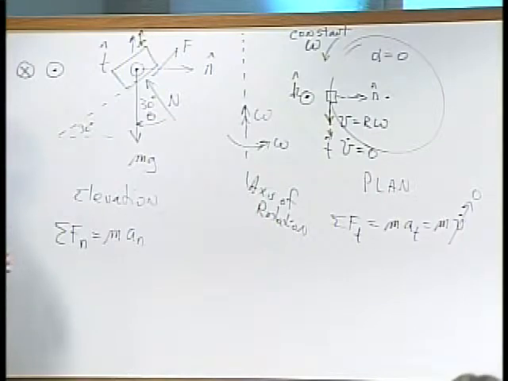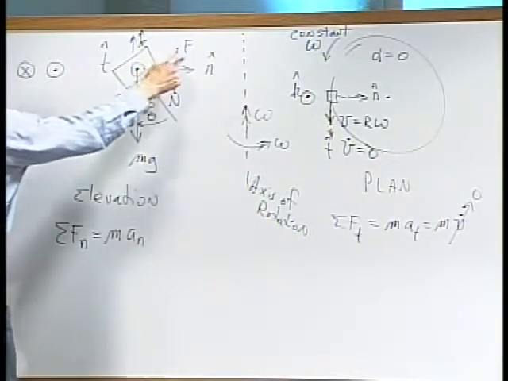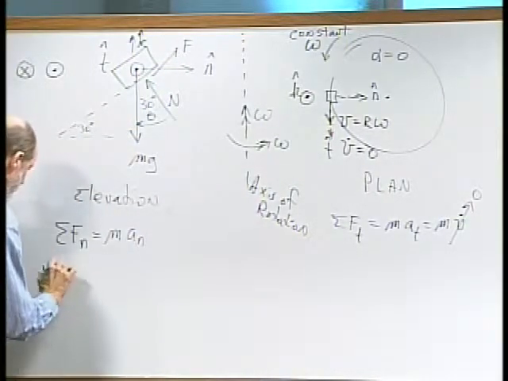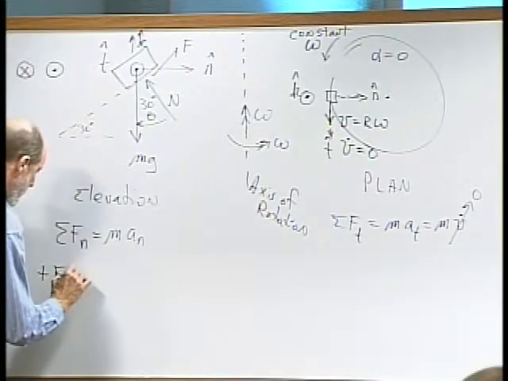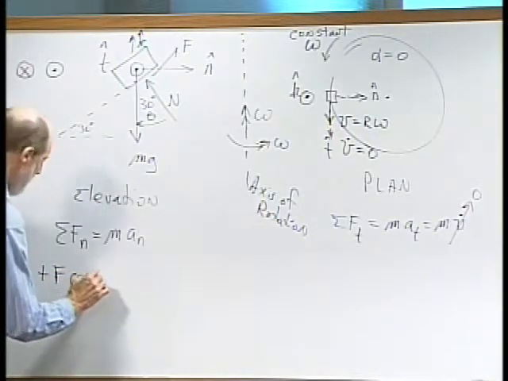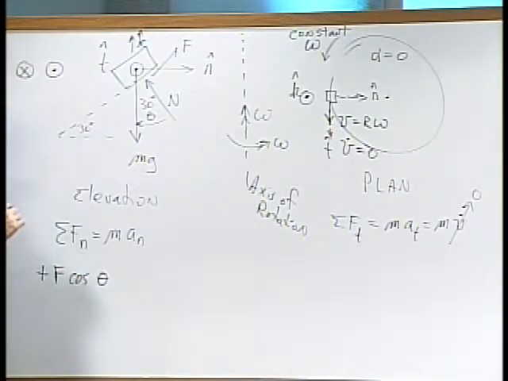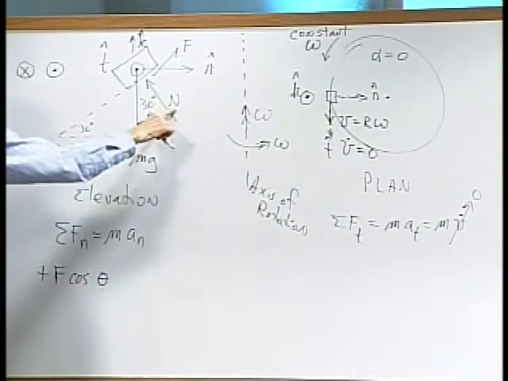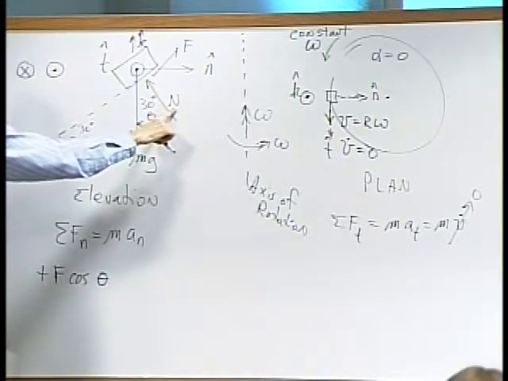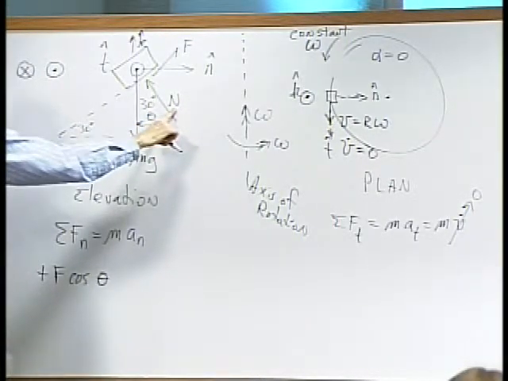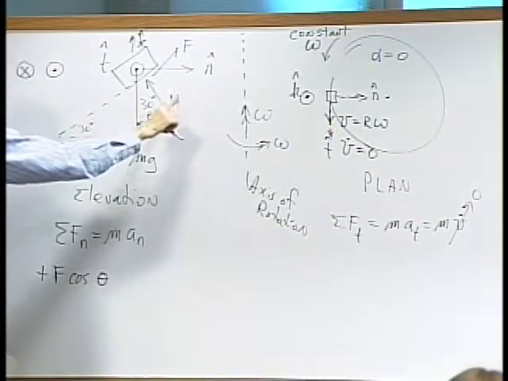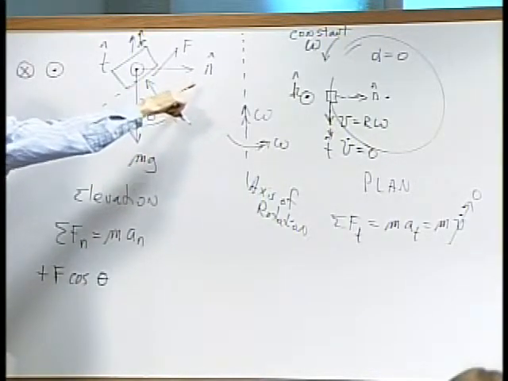Sum of forces normal, it looks like we have the positive friction force times the cosine of our incline angle, and be careful here, this normal reactive force from the surface has a component opposing the normal direction.